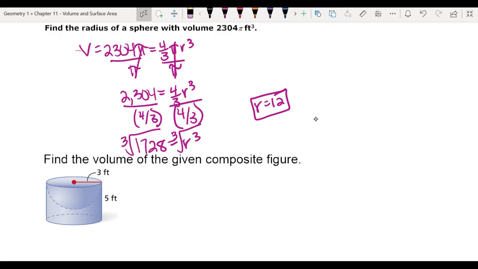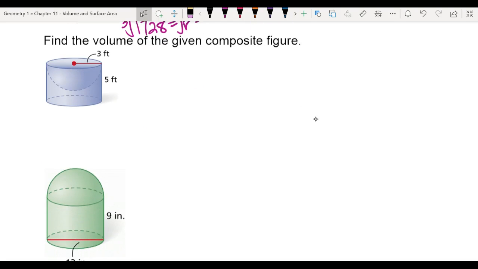In this case, are you going to add those or are you going to subtract them? Subtract. Because if you have a shape within a shape and it's cutting it out, you're going to subtract. If you have a shape on top of the other shape, that's when you're going to add. So this would be an addition. This one's a subtraction because it's cutting into it.